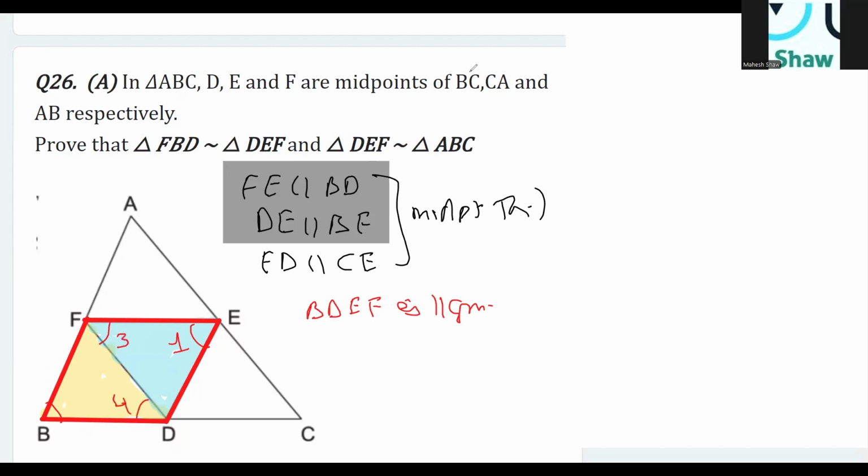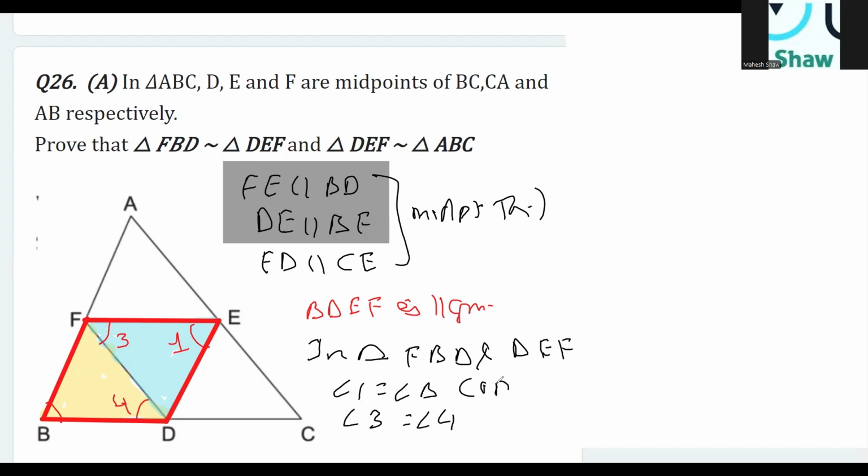So check, we actually proved the triangles similar. And how is that? We may mention the names of the triangles first. In triangle FBD and the other triangle DEF, we have proved angle 1 is equal to angle B, and angle 3 is equal to angle 4.